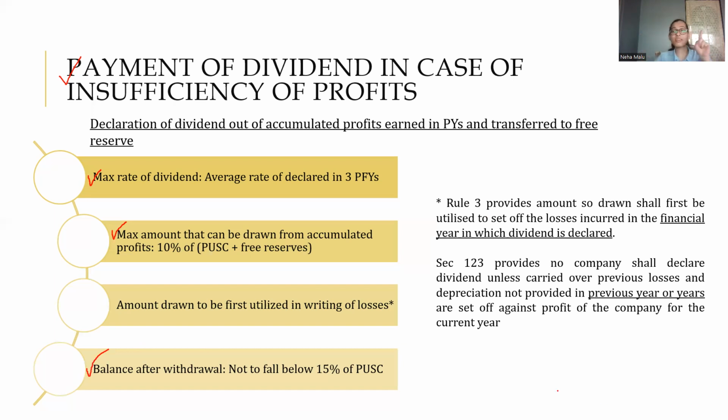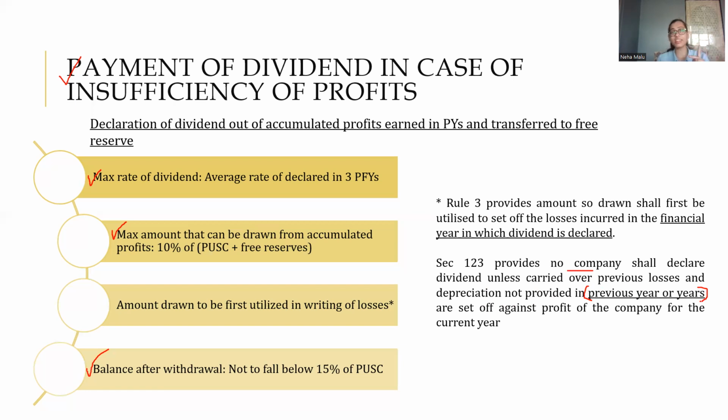However, when we read the provision mentioned in the section, it says that no company shall declare dividend unless carried over previous losses and depreciation not provided in the previous year or years are set off. So, in the rules, it is written that the amount so withdrawn shall be first utilized in writing off the losses of the financial year in which the dividend is declared.